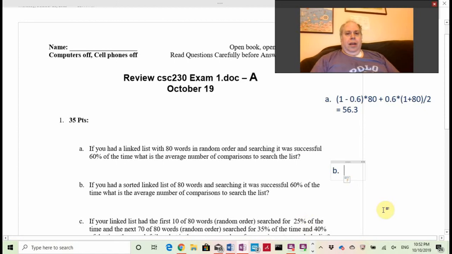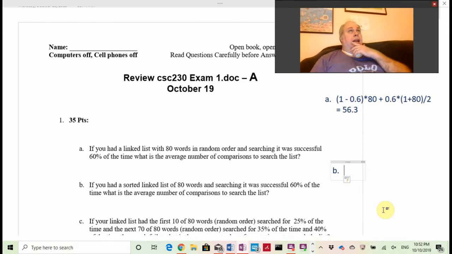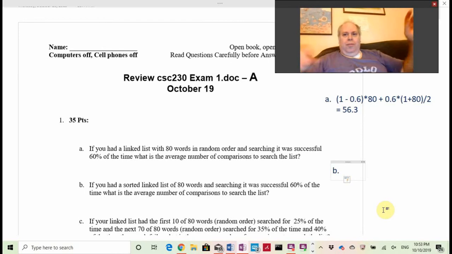Why are they equal probability? Let's say we did 1,000 searches. You take 1,000 words that you're searching for, and you scramble them up in a permutation, just all over the place.